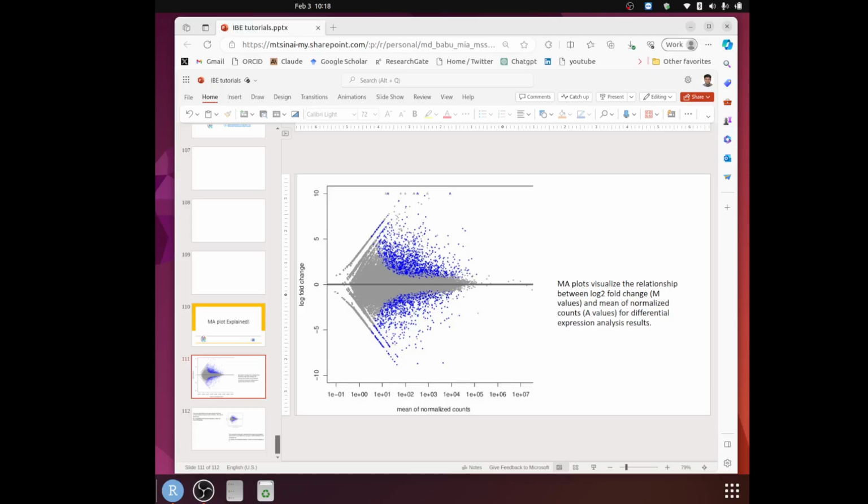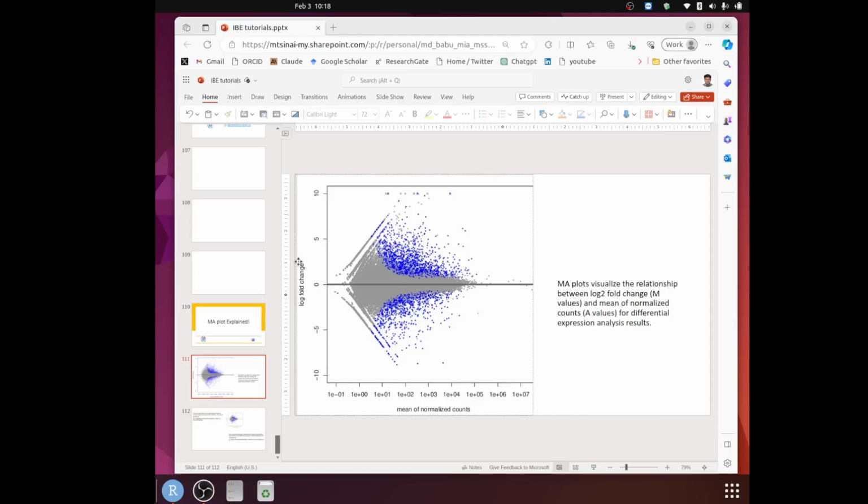Now you have a contrast where you set up the comparison from the control versus treated condition. That's for example perspective. Now you want to see what has changed from the context of differential expression.